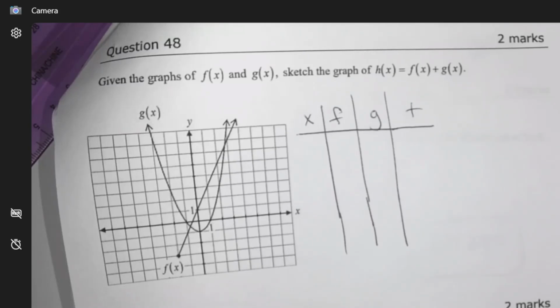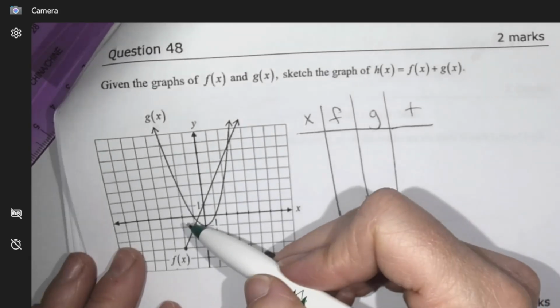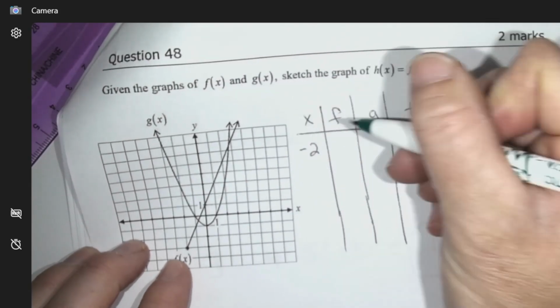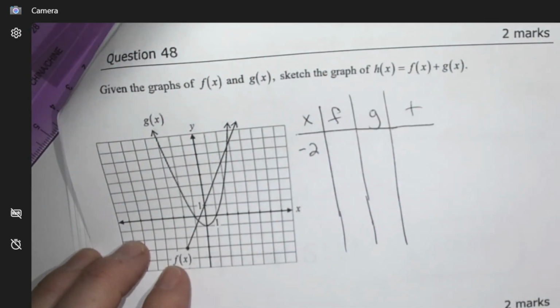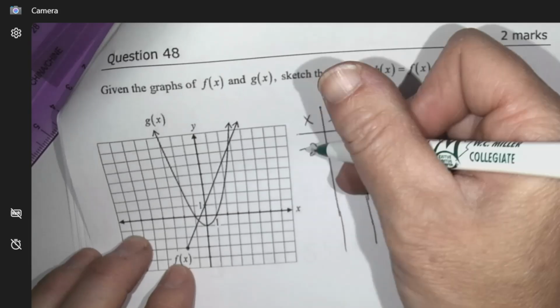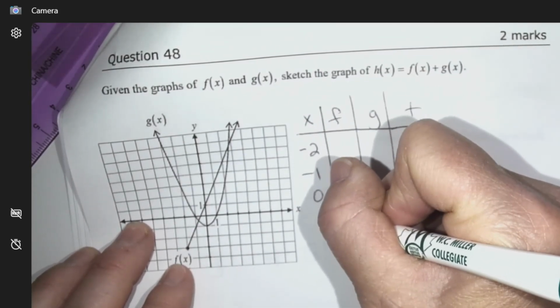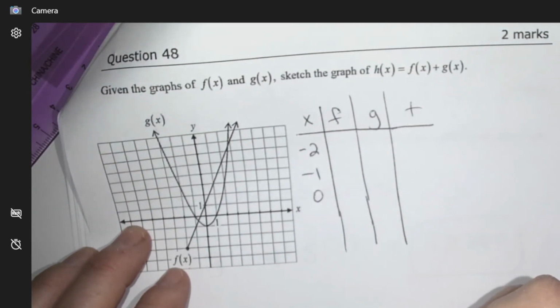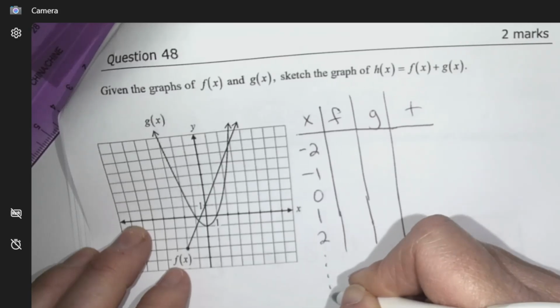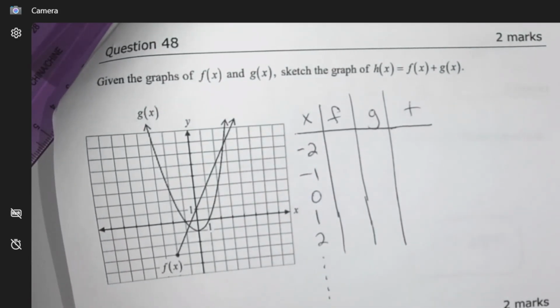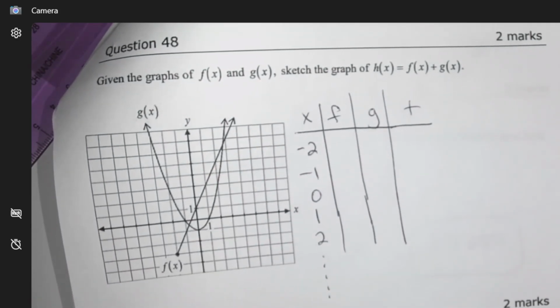What's the most left I can go where they both exist? -2, -1, 0. And you know what I can do? I can technically go on forever because they both go on forever, so it would keep going.